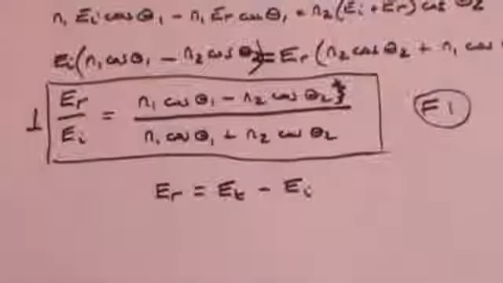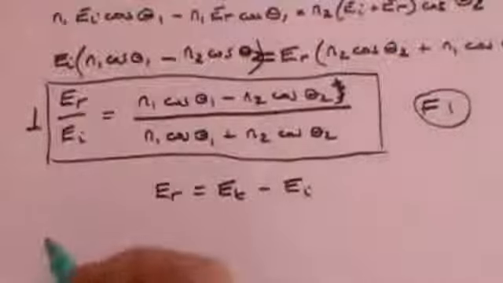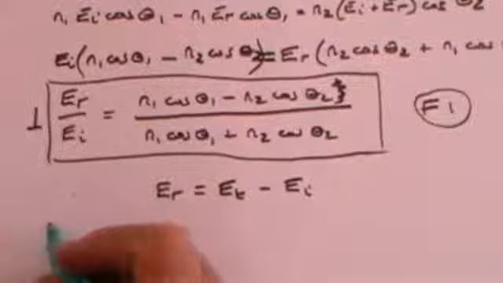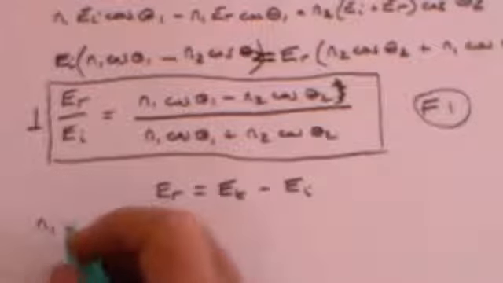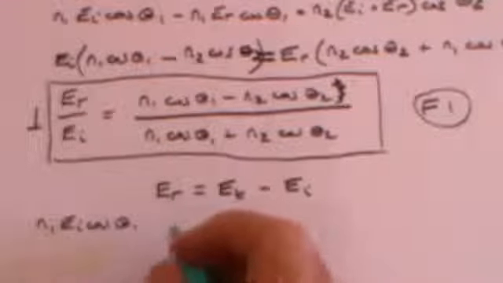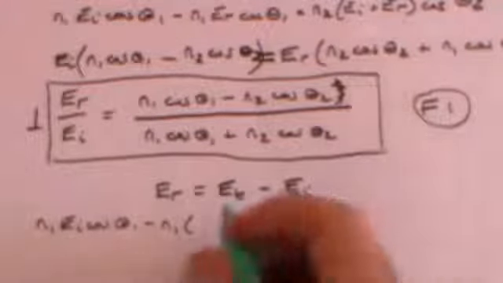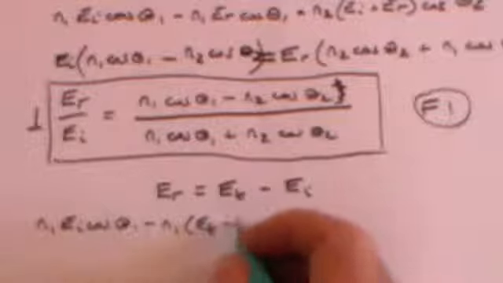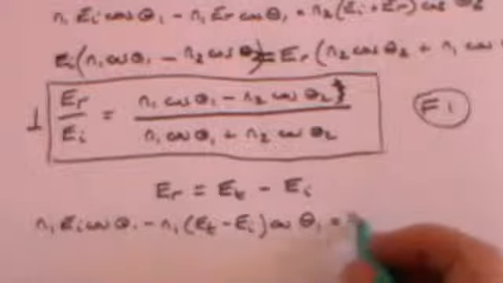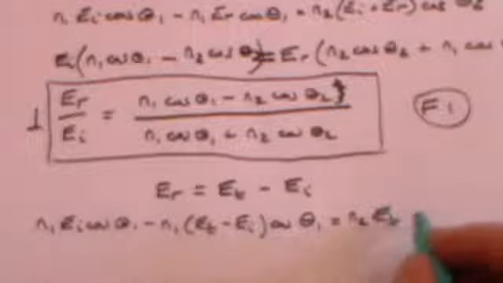So unfortunately you can't see it, but I'll tell you that the formula therefore becomes N1 times EI times the cosine of theta 1 minus N1 into ER, but for ER we're going to put ET minus EI times the cosine of theta 1, equal to N2 times ET times the cosine of theta 2.